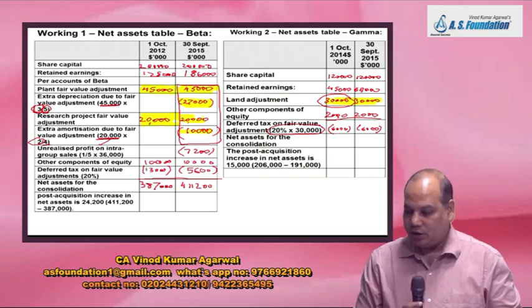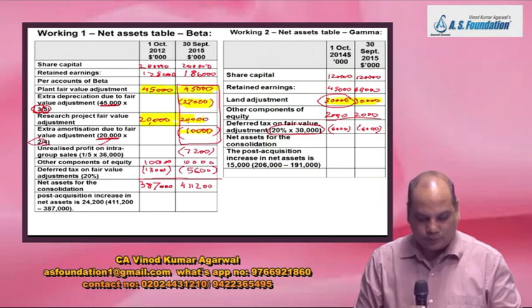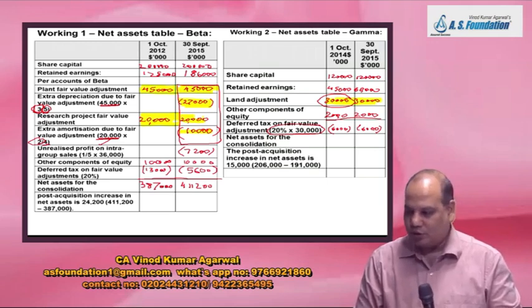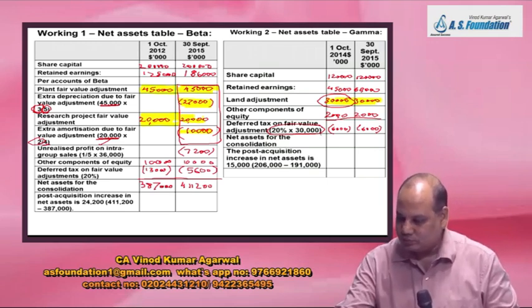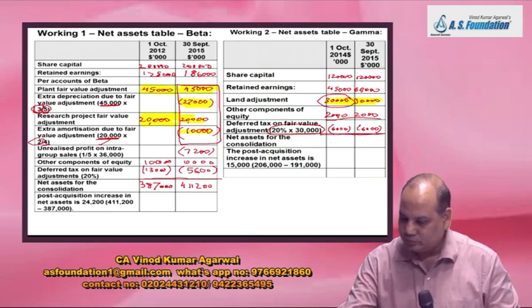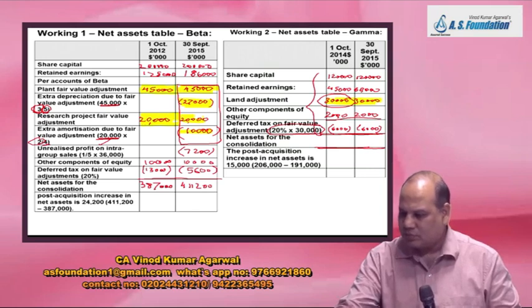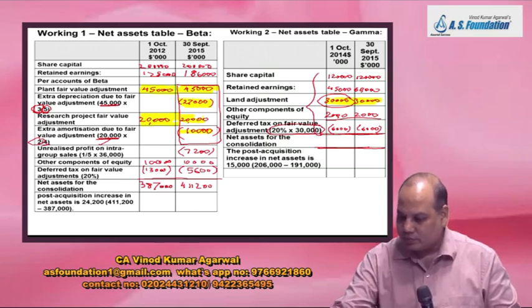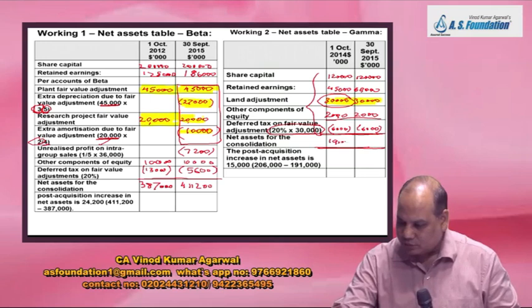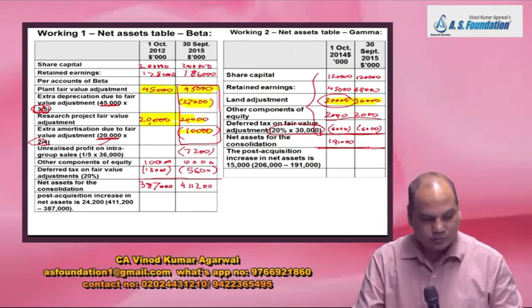Now tell me net asset on 1st October 14. Total of 1st October 14. Add this. 1,91,000. Next one.